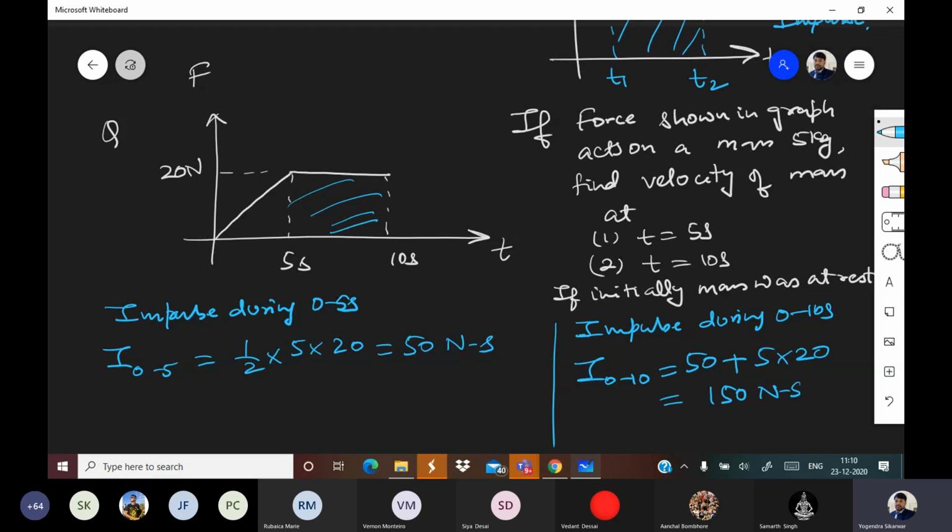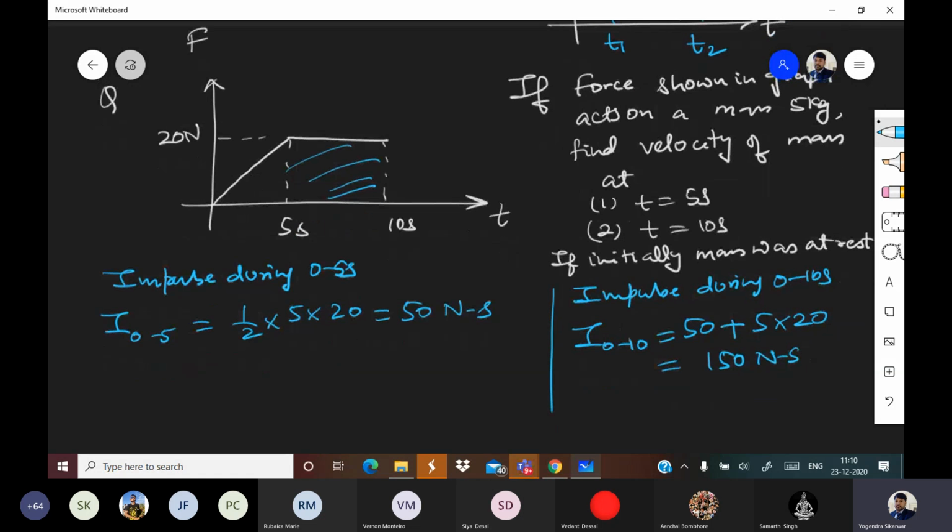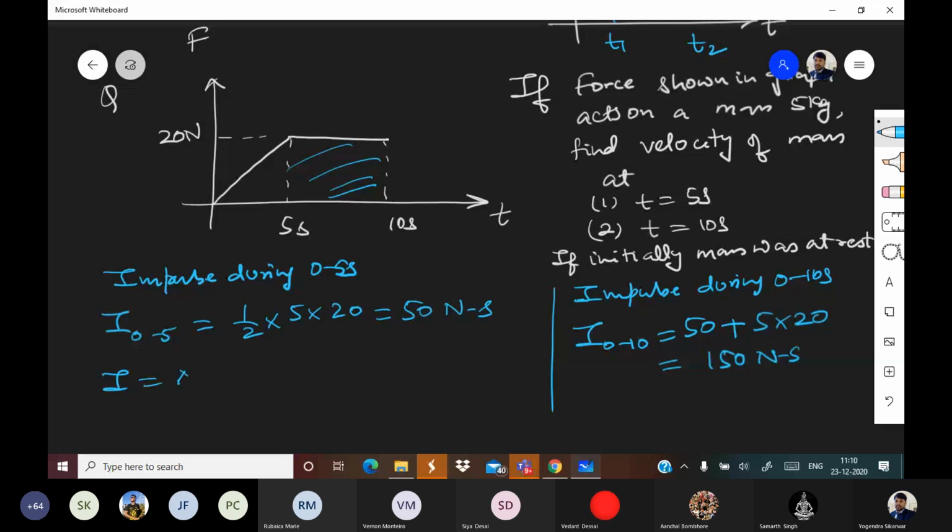But be very clear, these are impulses. So I is equal to delta P is equal to m times V final minus V initial. So I is 50, that should be equal to m is 5 into V final, because V initial is 0. Okay, starting from rest.